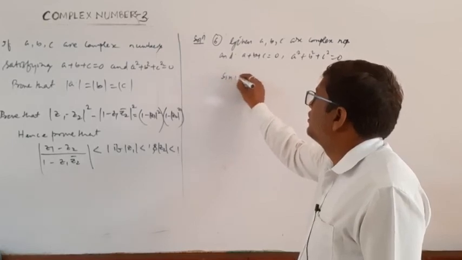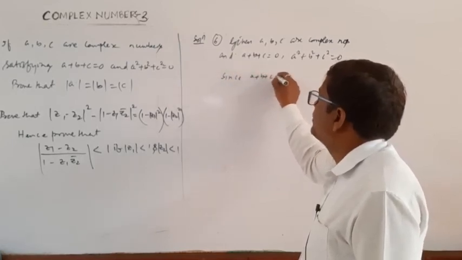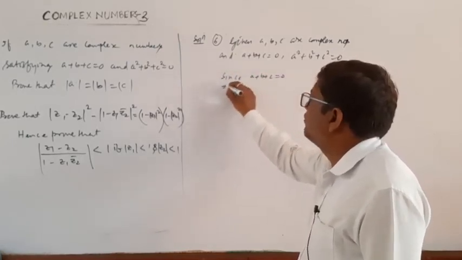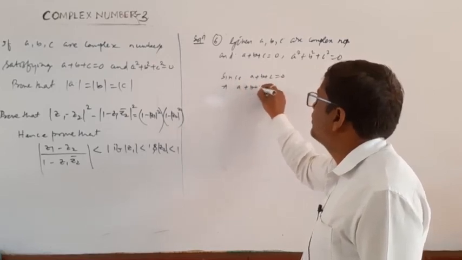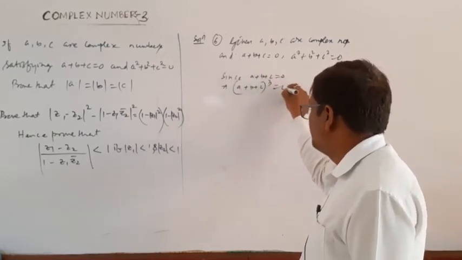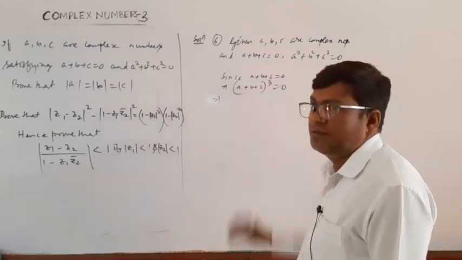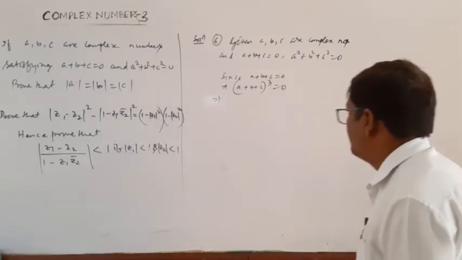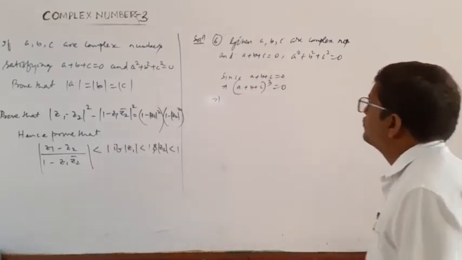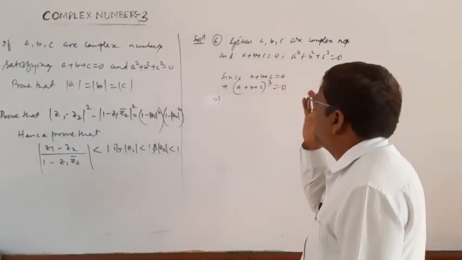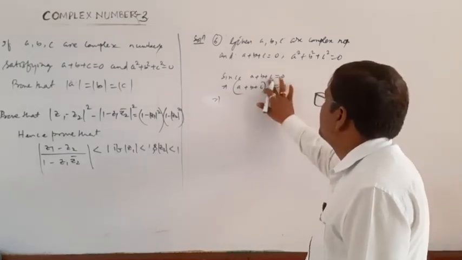Since A plus B plus C is equal to 0, that implies A plus B plus C whole square is also 0. So, A plus B plus C whole square is equal to 0.